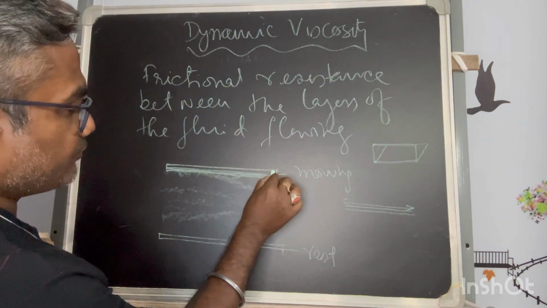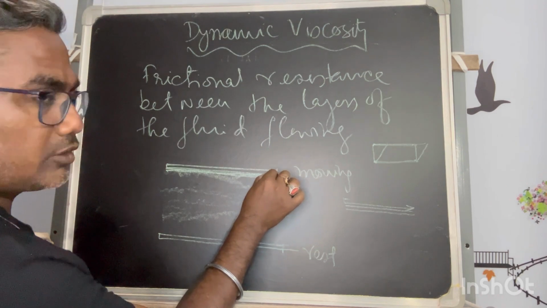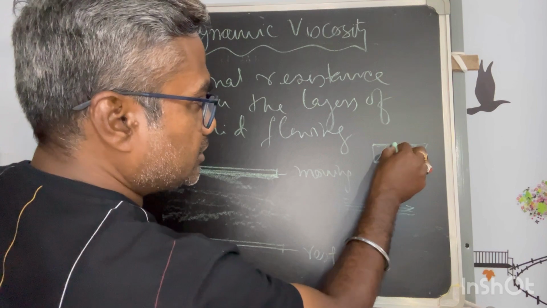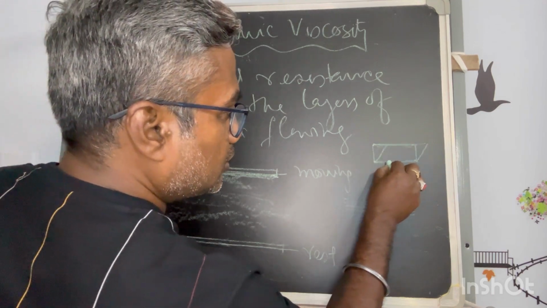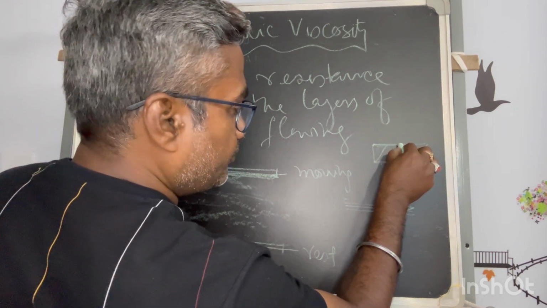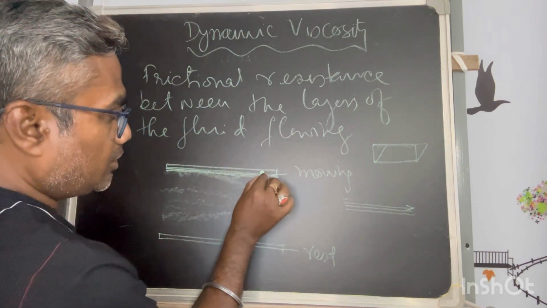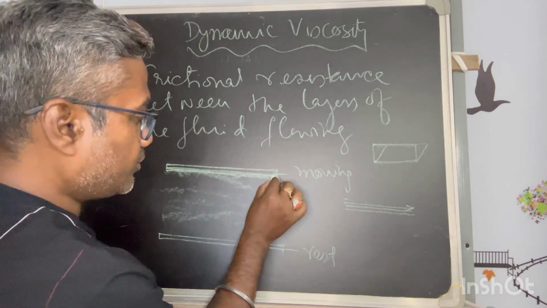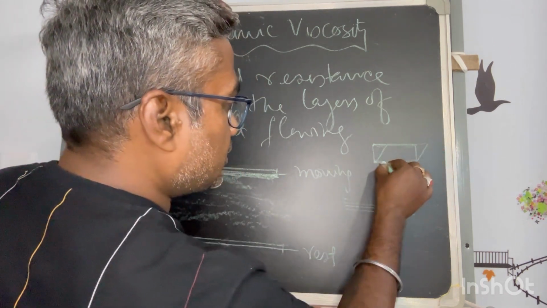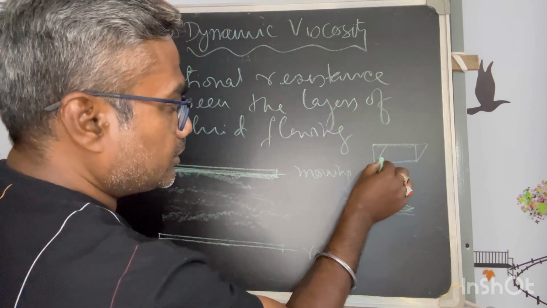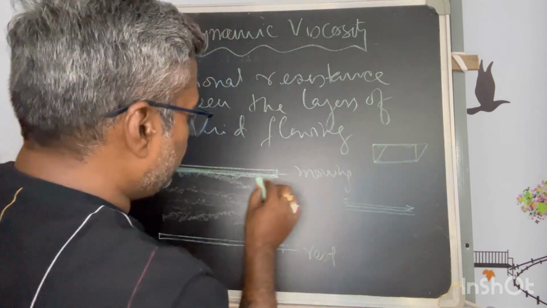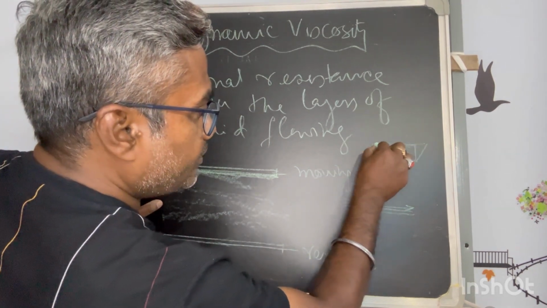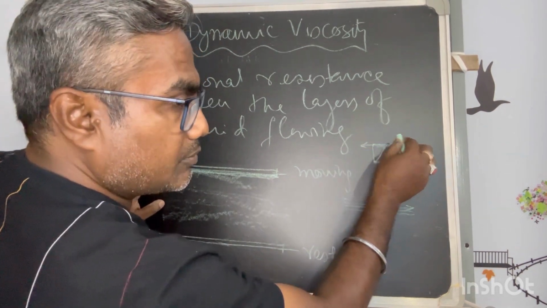So the top layer is getting force due to its momentum as it moves, and due to that the lower layer is pulled back. The top layer is also trying to move the lower one forward, as it is getting momentum, but how much momentum it gets cannot be transmitted fully. The lower layer will maintain its inertia and try to give a force backward to keep the top layer in its position.